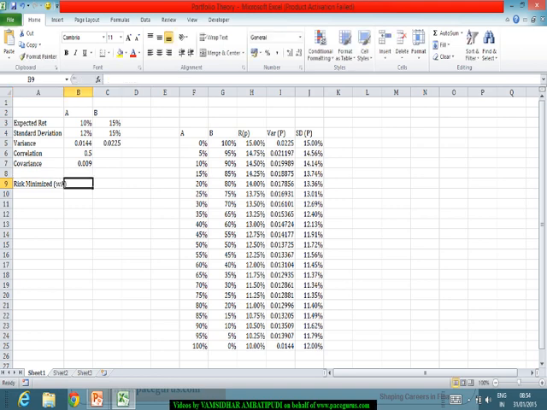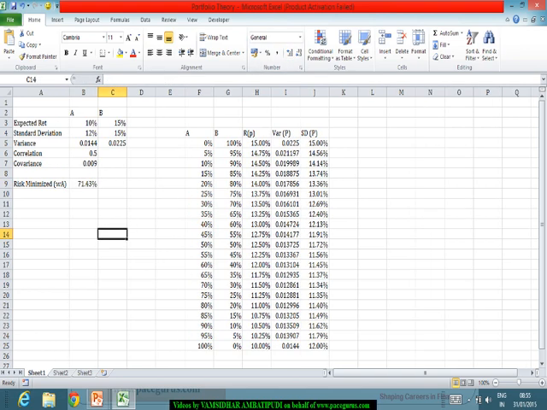For that we are using the variance of B minus the covariance between A and B, divided by the variance of A plus variance of B minus twice the covariance between A and B.